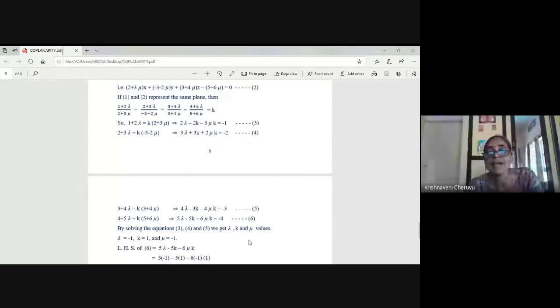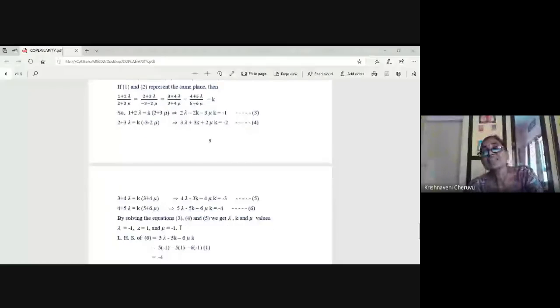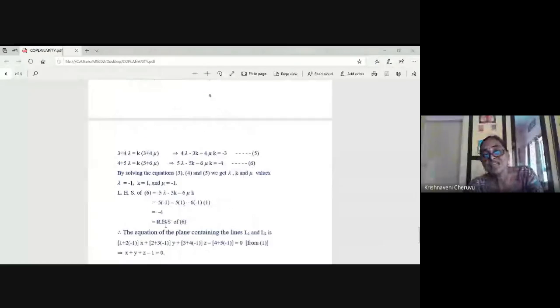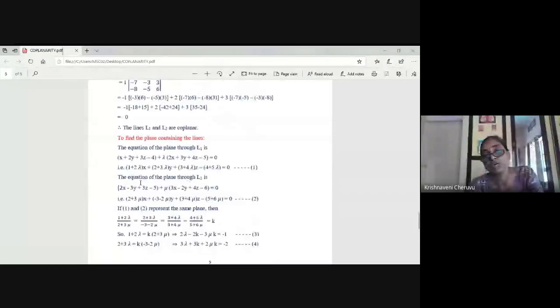So after getting lambda k mu values, you substitute those 3 values in the last equation which was not used. Okay, and if that equation is satisfied, we say that these planes are the same. If these 2 planes represent the same plane, these are the conditions.